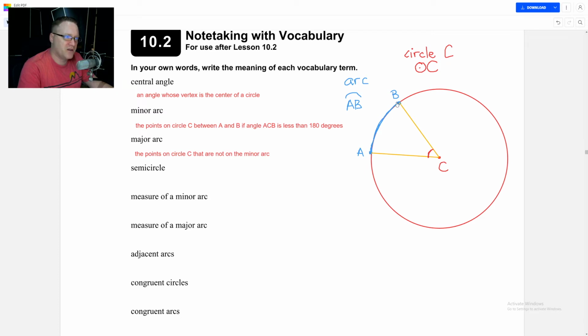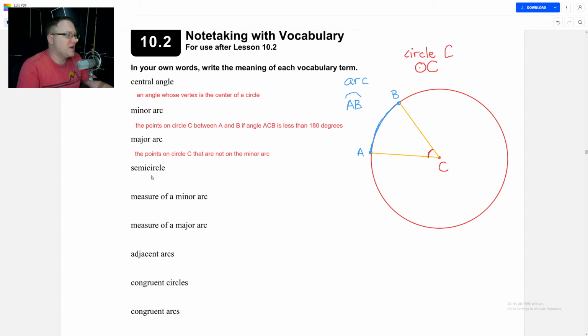The minor arc here is AB. So all of these points that are not on that blue part are the major arc. This big red part right here, kind of like Pac-Man, is the major arc. So the blue is the minor arc, the red is the major arc.